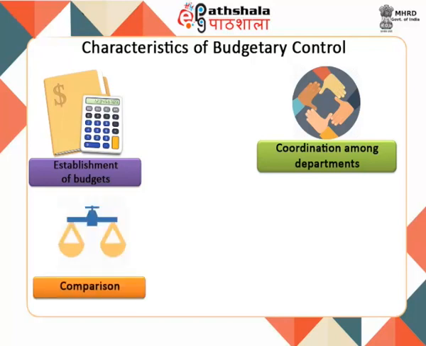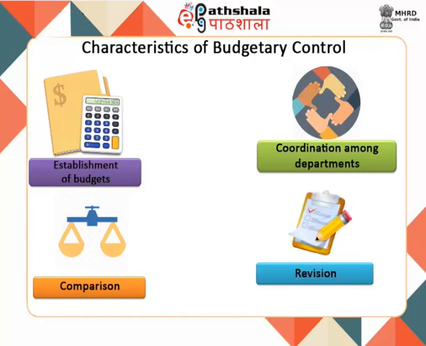Comparison. Under budgetary control, the actual performance is compared with the budgetary estimates on a continuous basis to discover the variations and to fix responsibilities. 4. Revision. The budgets are revised in the light of changes in the conditions and circumstances.